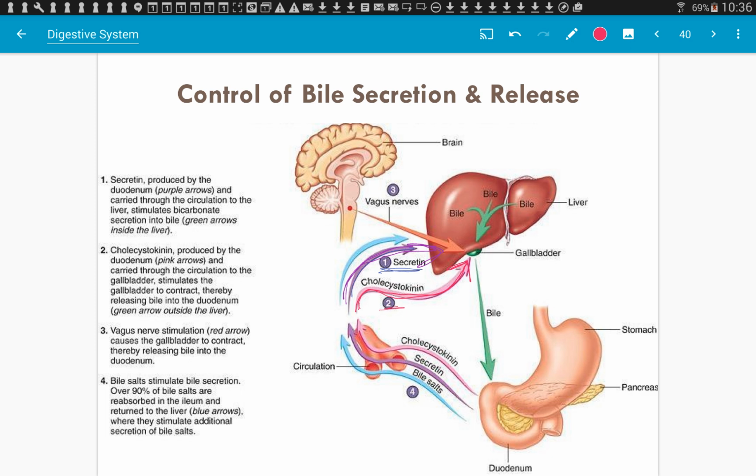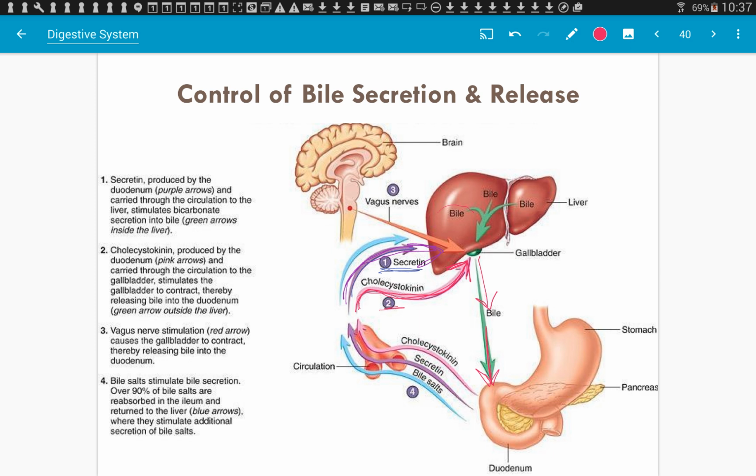So secretin tells the liver to secrete bile into the gallbladder. Cholecystokinin tells the gallbladder to contract, squeezing the bile, which then enters your duodenum right here.